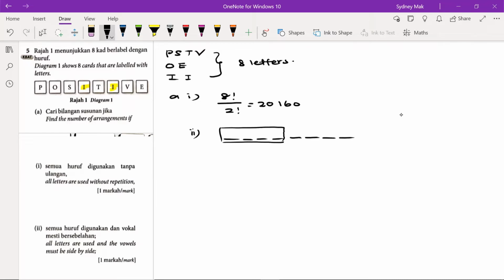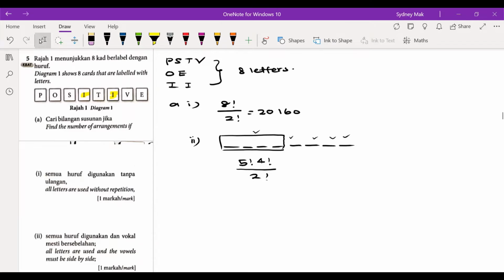Therefore, externally, we have 5 items to be arranged. And then in the group itself, internally, we have 4 factorial ways of arrangement. And not forgetting, we have identical items, so divide by 2 factorial. So this will be the working.